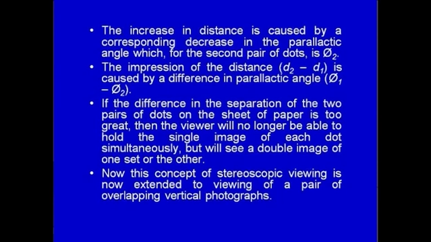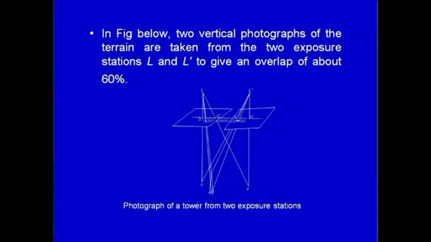Now, this concept of stereoscopic viewing is extended to viewing of a pair of overlapping vertical photographs. In the figure below, two vertical photographs of the terrain are taken from two exposure stations L and L dash to give an overlap of about 60%.